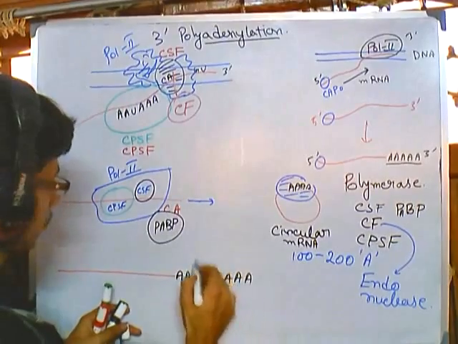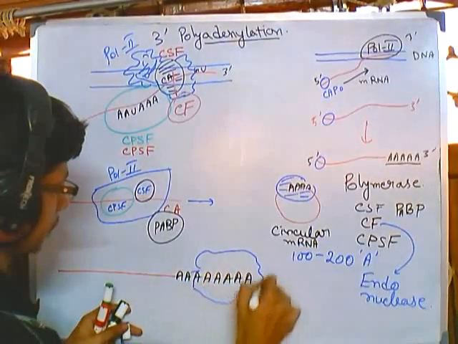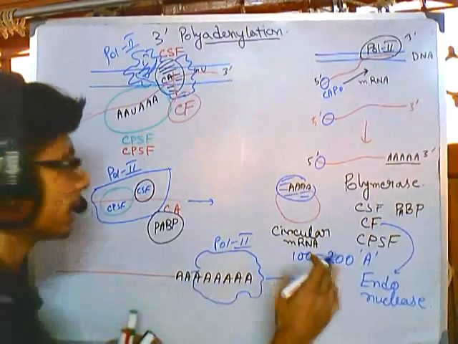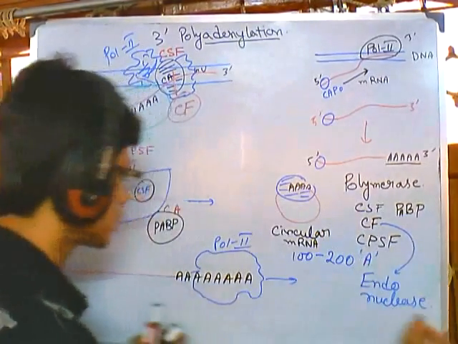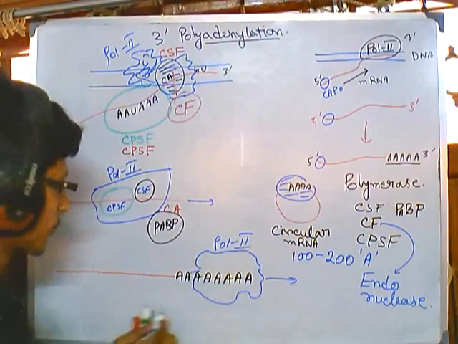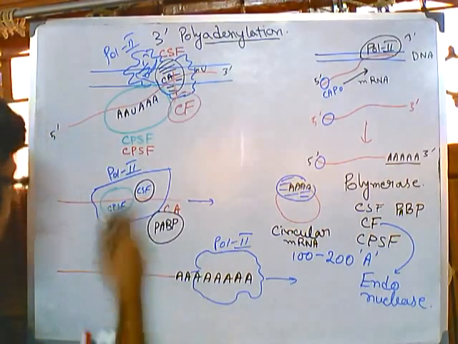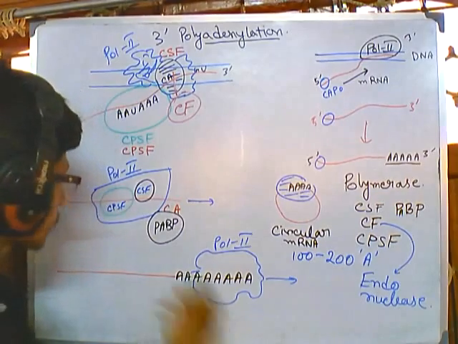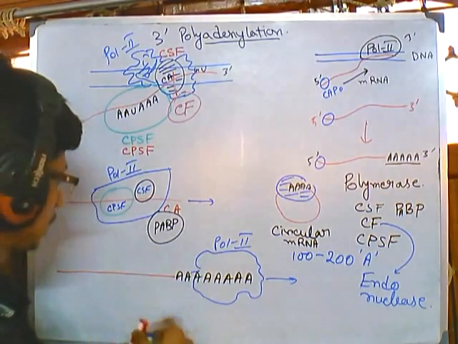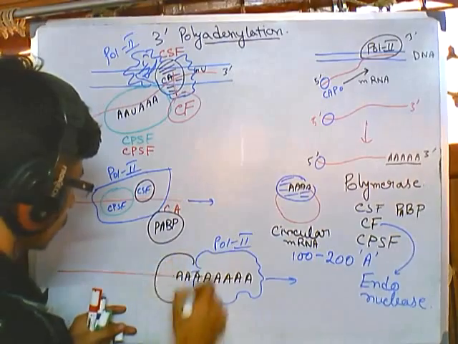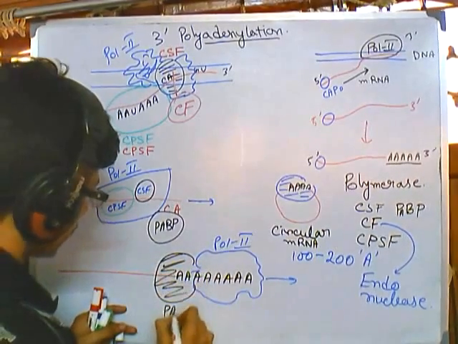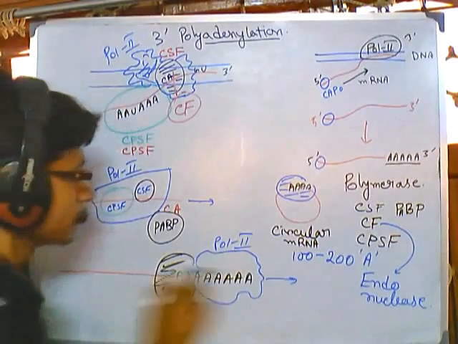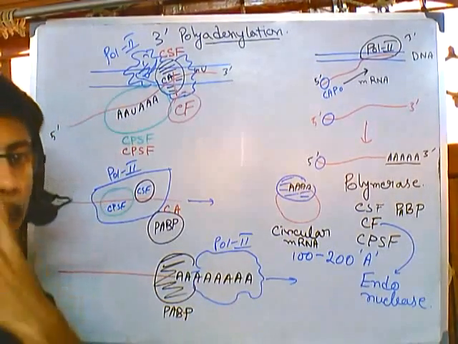This is the polymerase, it starts adding, and it will keep on adding until it reaches 100 to 200 sequences. It will vary from species to species, and these proteins will be cleaved out, but in turn this PABP, or polyadenylation binding protein, will bind with this polyadenylated sequence.